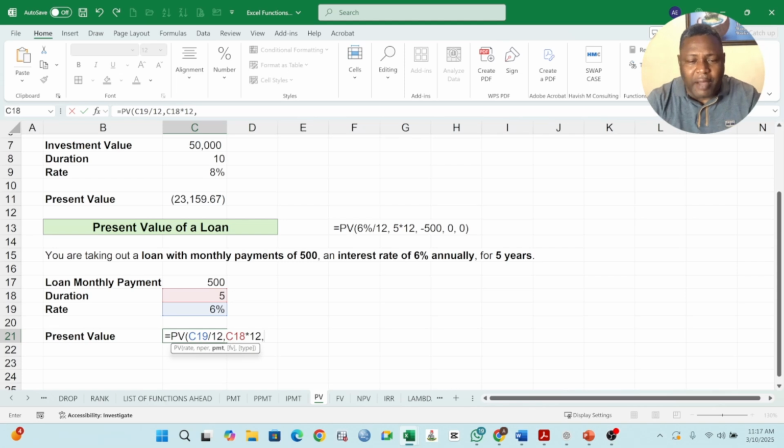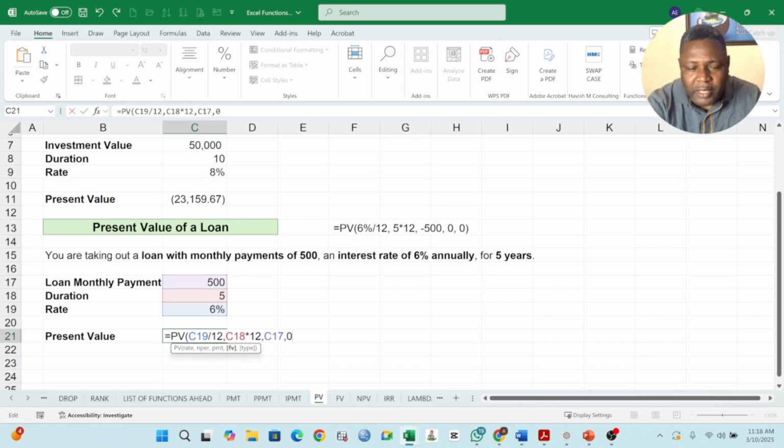Then we have the regular monthly payments, which is 500. So that is captured, or I can just go to where I put it and capture it. All right, so it's a payment. I may choose to put a negative value since it's a payment, but let's just go on. Then what's the future value?